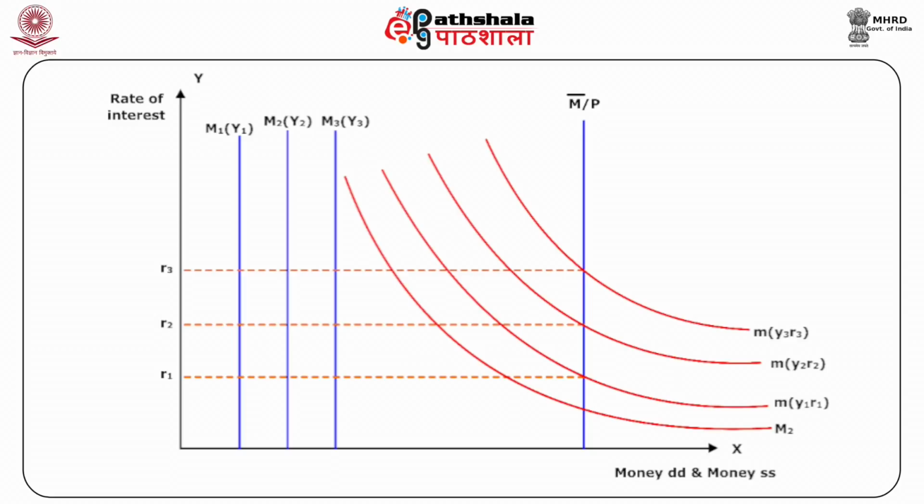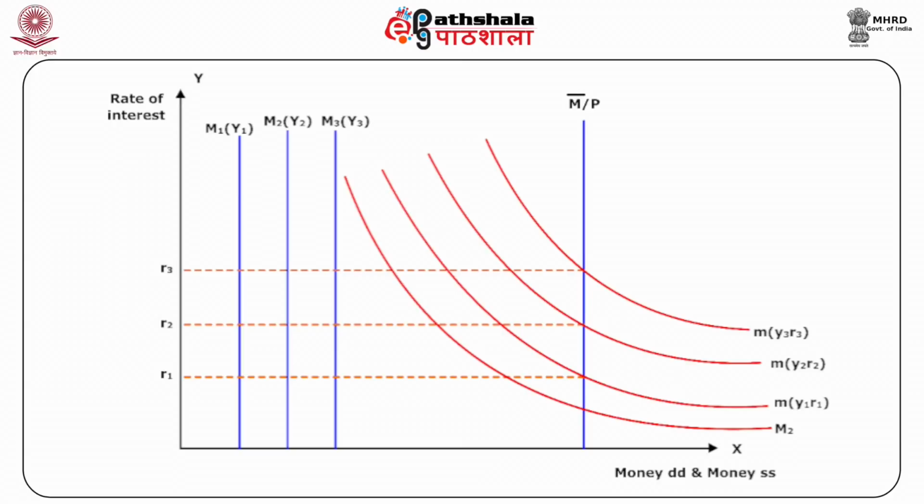Correspondingly, the money demand also increases, and accordingly, through the intersection of the supply of real cash balances and demand for real cash balances, the rate of interest also increases from R1 to R2 to R3. And in a given situation, if the rate of interest does not adjust to the excess demand that is there in the economy, then the money market or the asset market would be in disequilibrium.